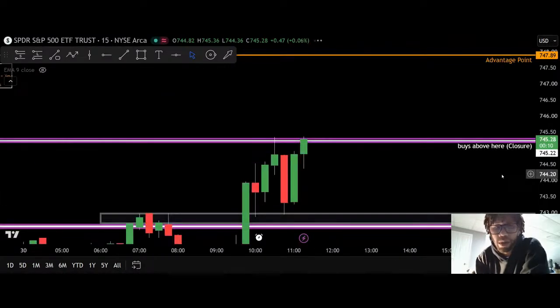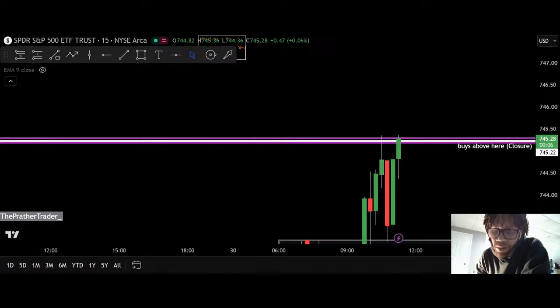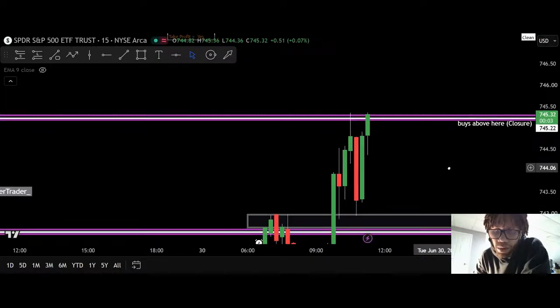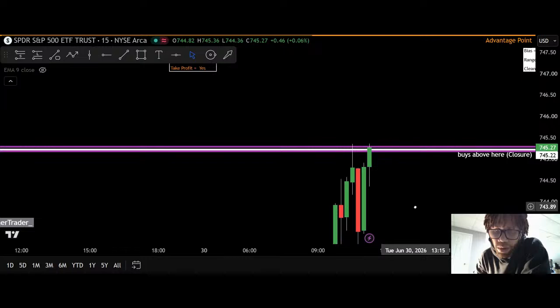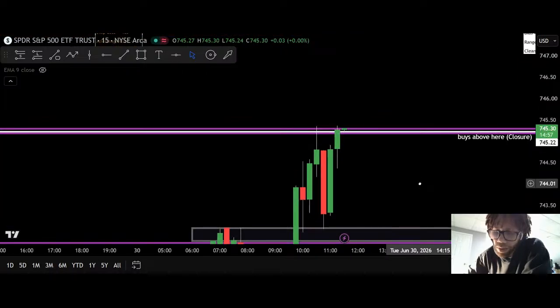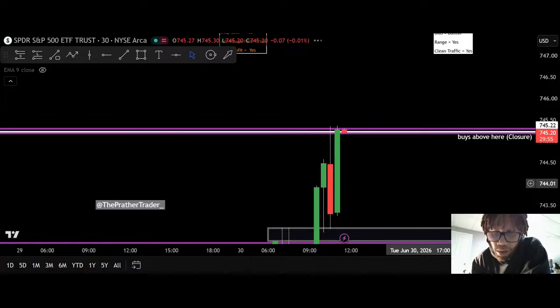Looking like it is gonna try to close above this level with a very small top wick.